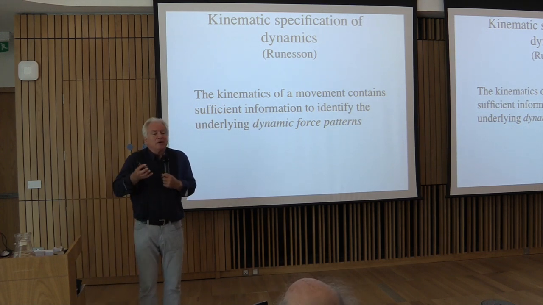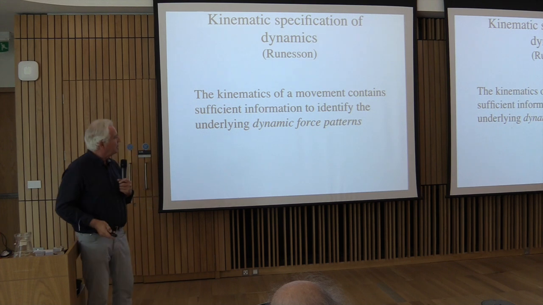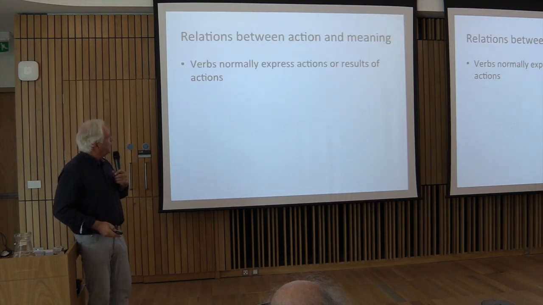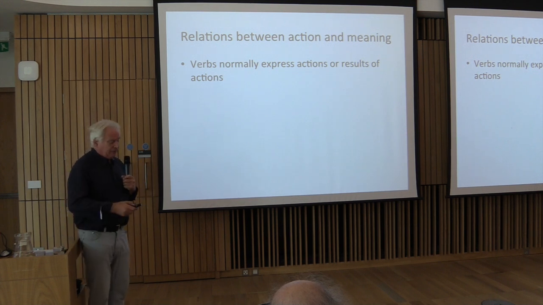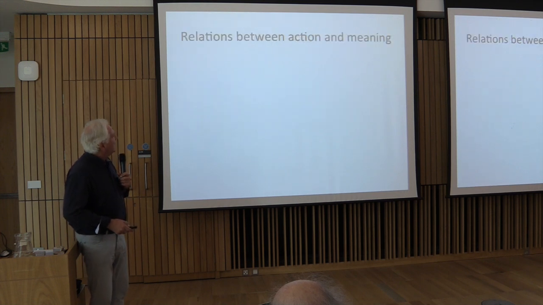Well, we see the movements, but our minds extract the underlying forces, whether I'm pushing strongly or weakly, or I'm jumping, what forces I use when I jump. I'm sorry, my slides may have come in the wrong order here.